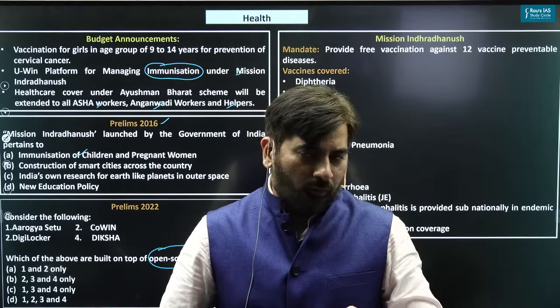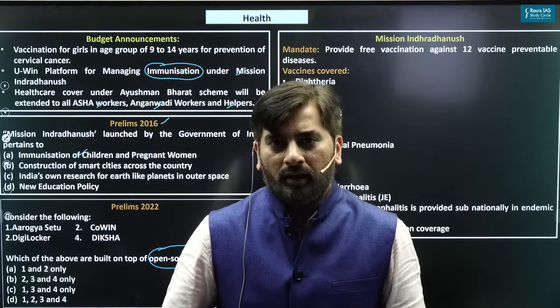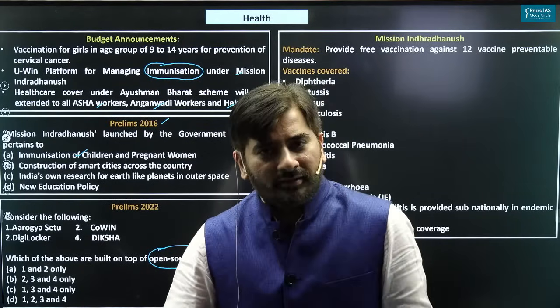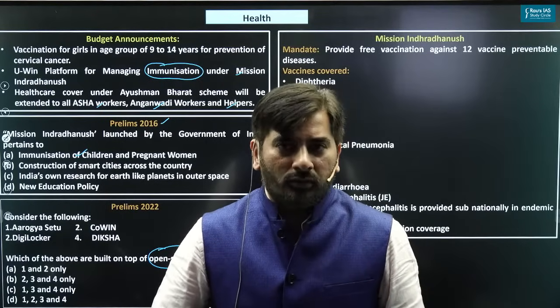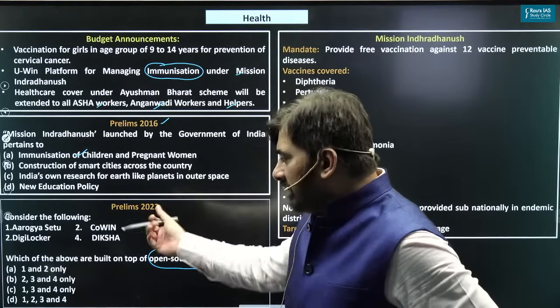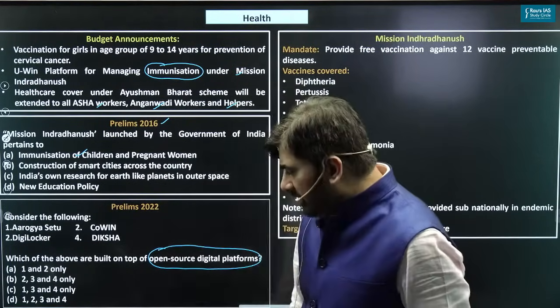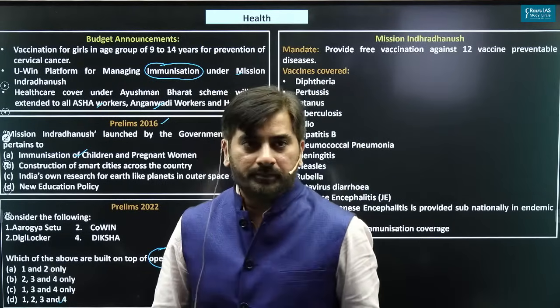Because the source code is available in the public domain, we can edit the source code and we can integrate these things into our own mobile apps. And that is what the private sector had done as far as Cowin was concerned. So the right answer is all four.